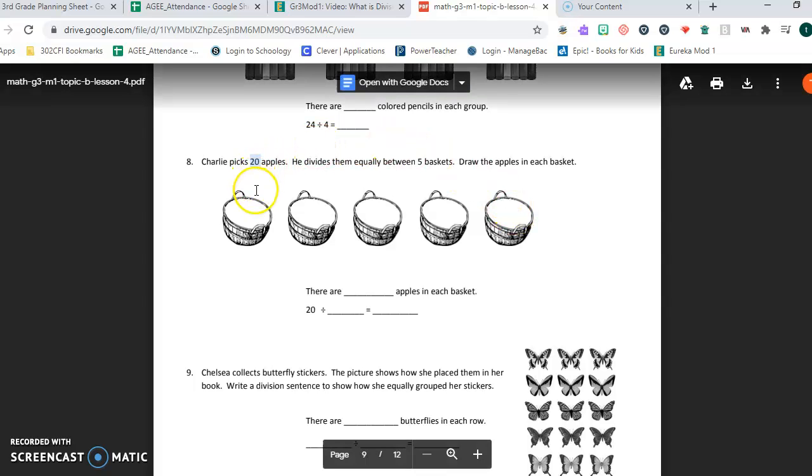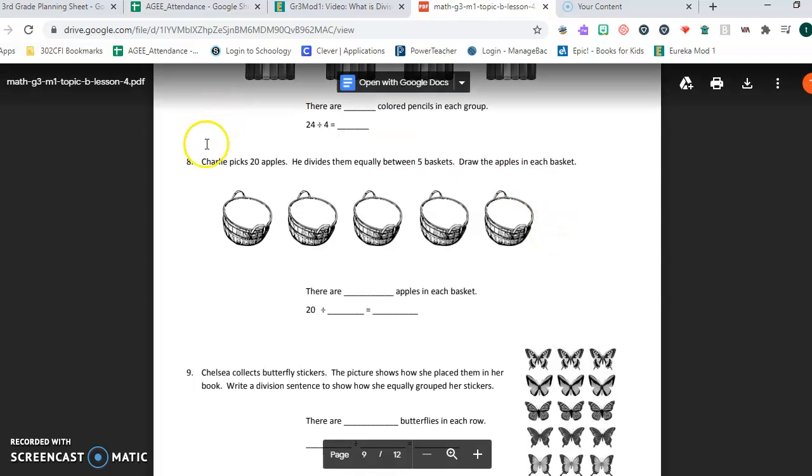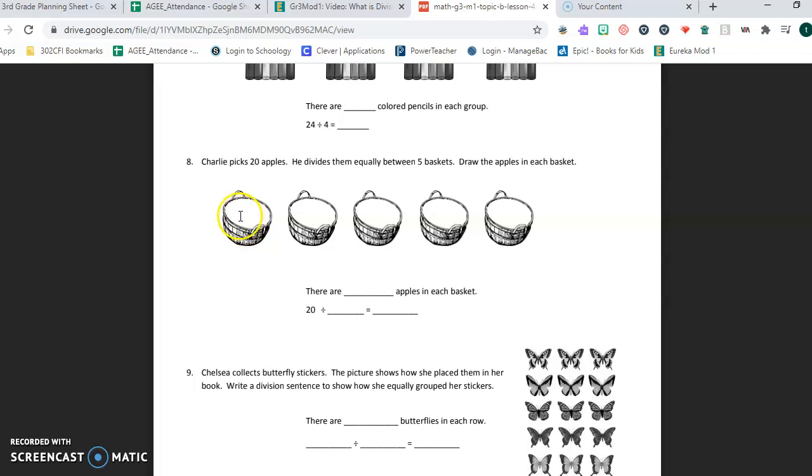So we're going to count starting at 16, putting another apple in each basket, and we're counting up until we get to 20 because that's all the apples he has. 16, 17, 18, 19, 20. So we have to stop there. We just used the distribution strategy, and inside of each of these baskets, you should have a total of 4 apples. Remember that distribution strategy, it comes in handy as we work through these division problems.